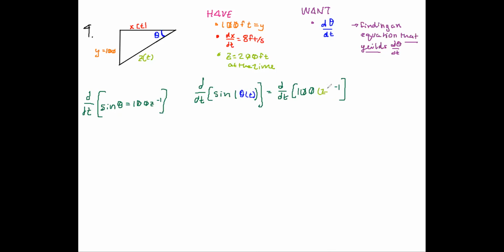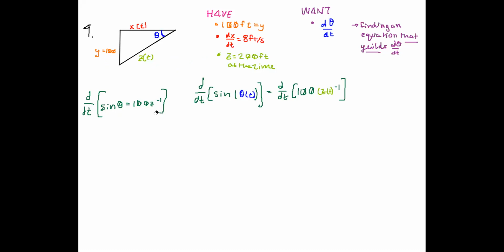Okay. The reason I did that was because sine is equal to opposite over hypotenuse, so it'll be 100 over z is equal to sine theta, right? Yeah, I got that. Right, because sine is just saying what is the 100 over the... okay, I'm sorry.